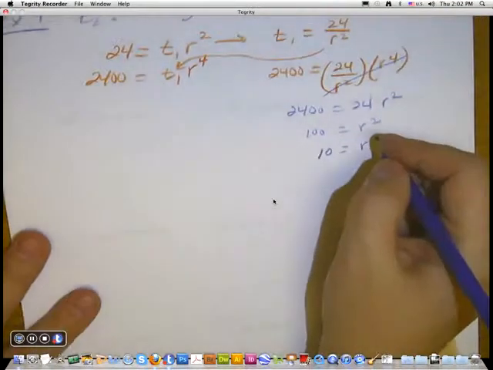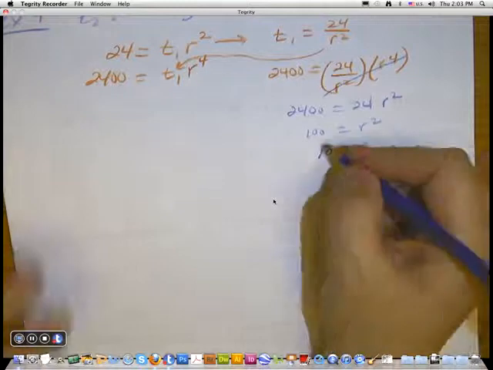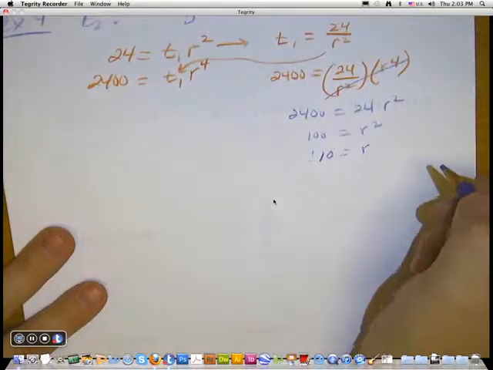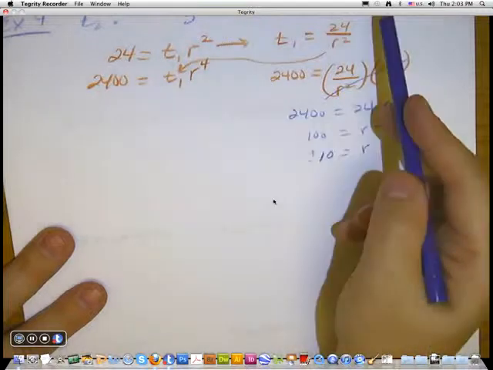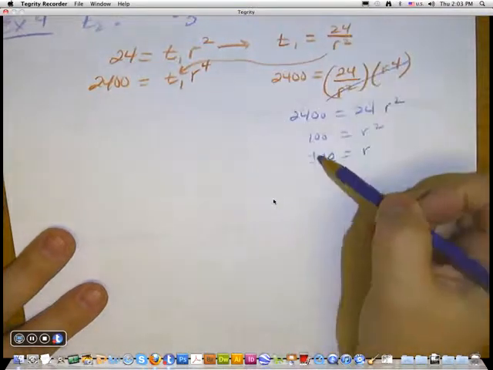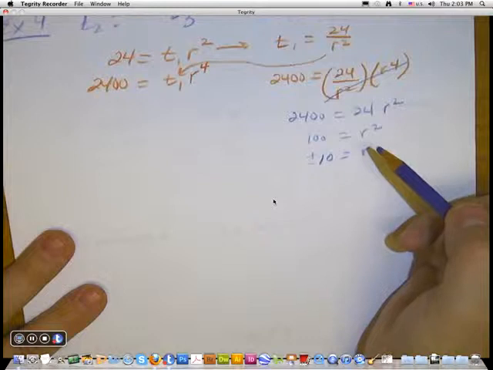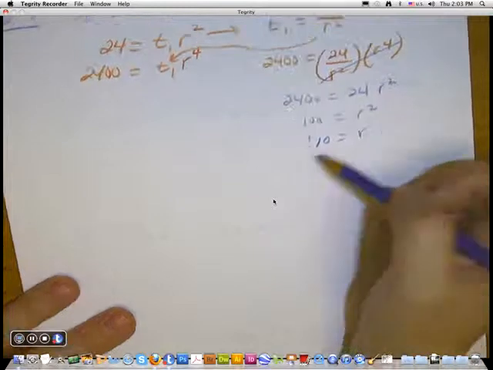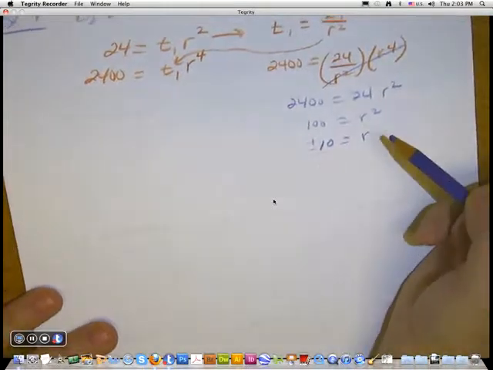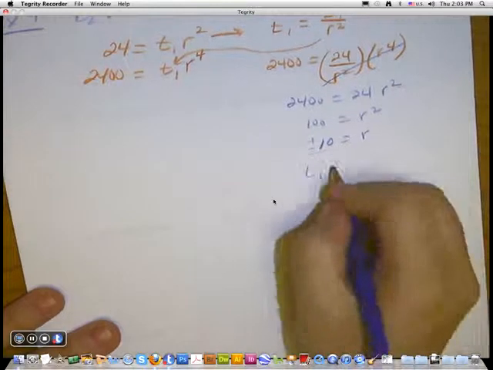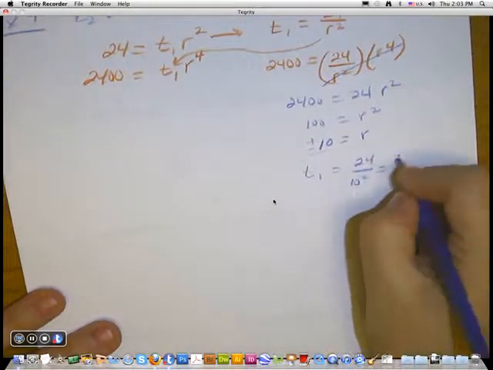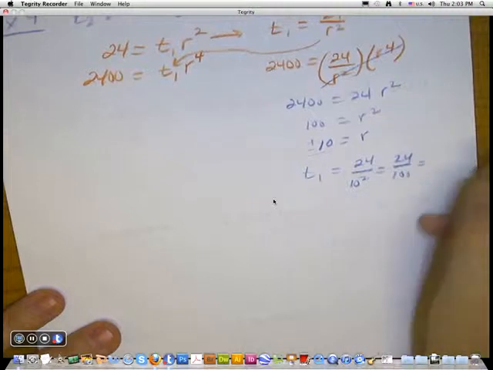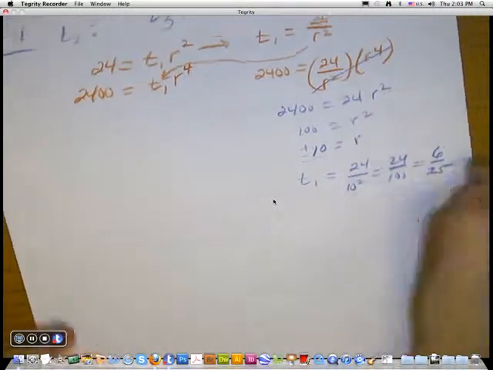It's actually two possible answers. It could be plus or minus 10, but because these are positives, we're going to go with the positive solution of 10. So then T1 is 24 over 10 squared, which is 24 over 100, which is 6/25.